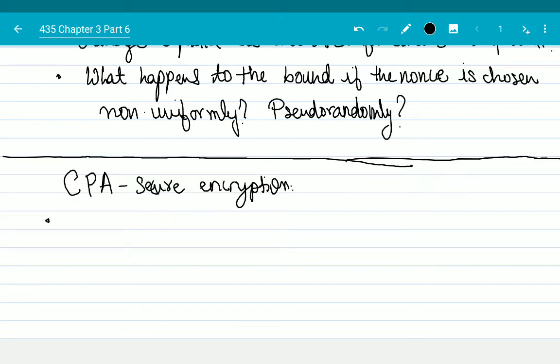So we have shown that a CPA secure encryption is secure as long as we have a pseudo-random function, right?